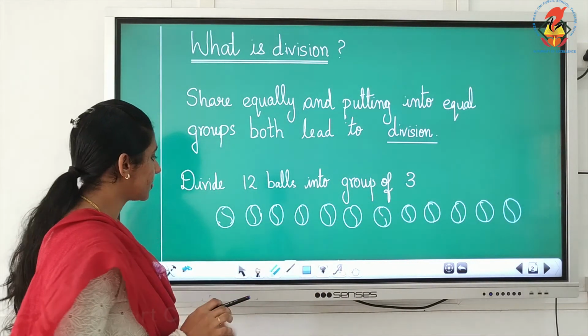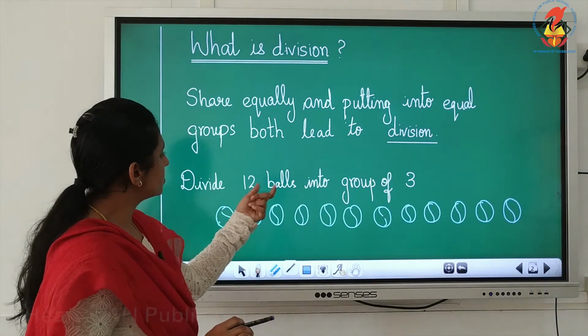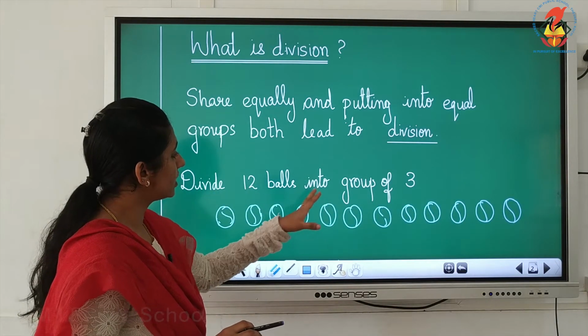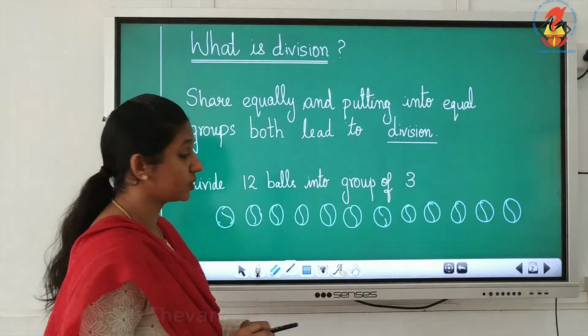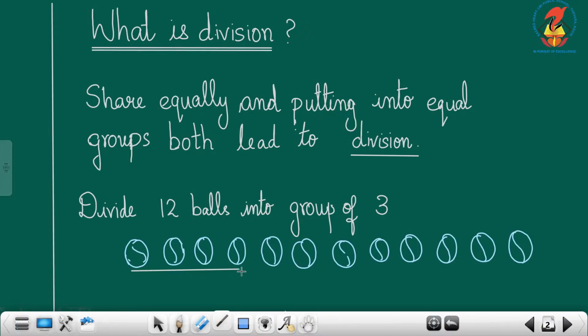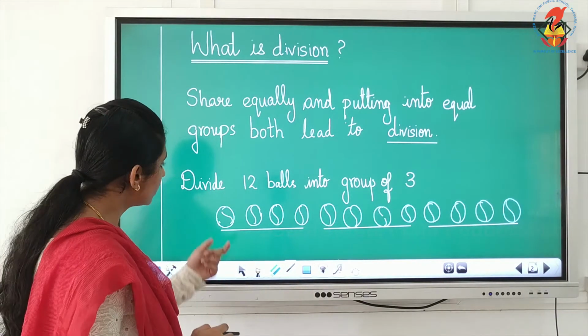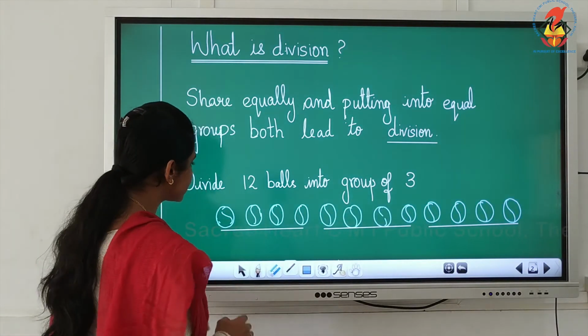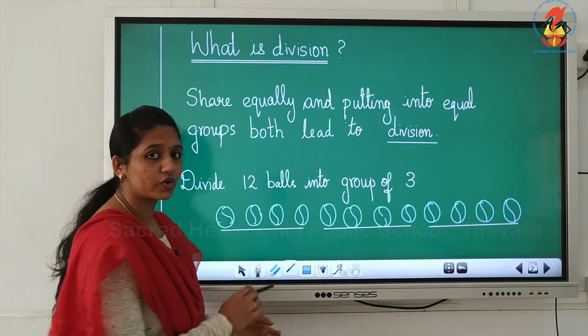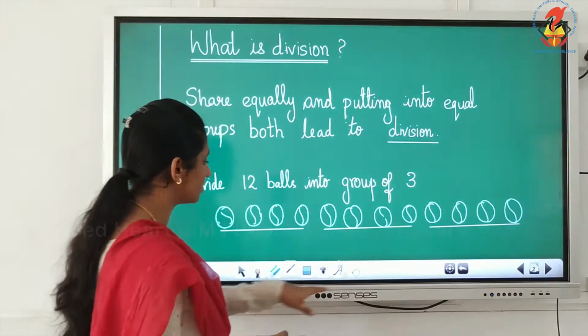These balls we want to divide into 3 groups. So I put 4 balls into one group, another 4 into the next group, and another 4 into the next group. So how many groups did we get? 3 groups. So how many balls is each group carrying? 1, 2, 3, 4. 4 balls in each group.